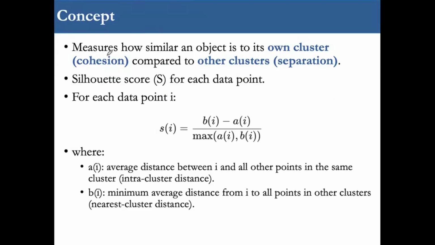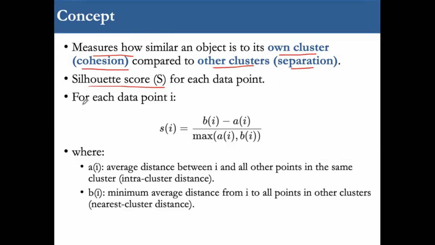The Silhouette method measures how similar an object is to its own cluster, that is the cohesion, compared to other clusters, that is the separation. So this gives a Silhouette score for each data point.